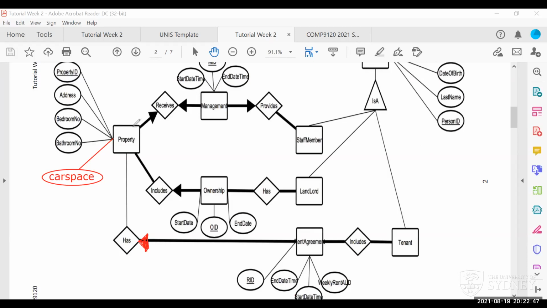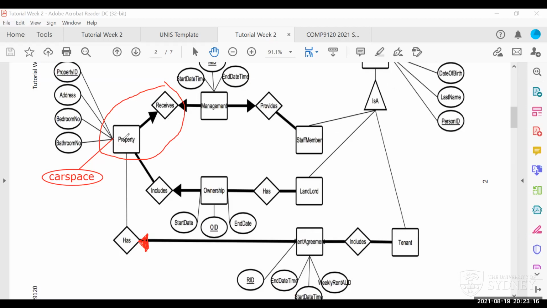So what about this one here? Property receive management. So in this case, we are saying a property receives exactly one management, where its management is provided by exactly one staff member.